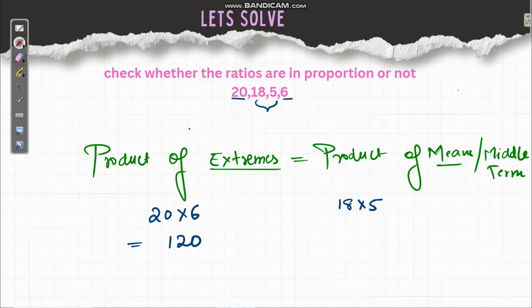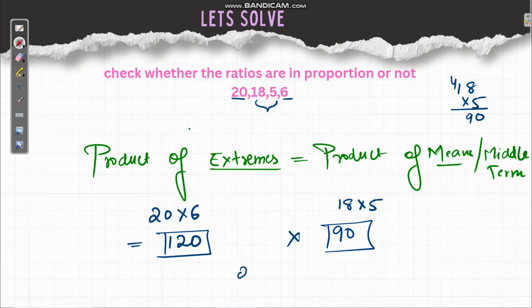You just calculate this. 8 fives are 40, carry 4, 1 five is 5, plus 4 is 9, so you get 90 as your answer here. Are they equal? Is product of extremes equal to product of means? No. That's why 20 is to 18 is not equal to 5 is to 6.